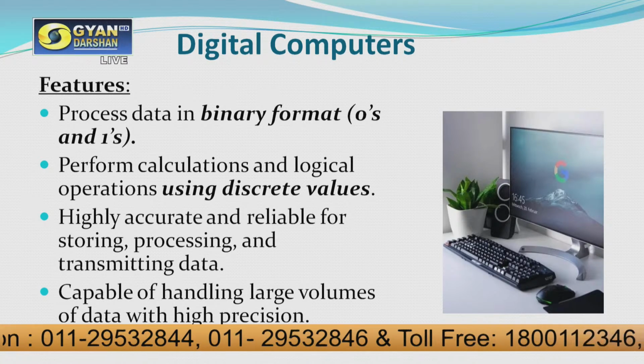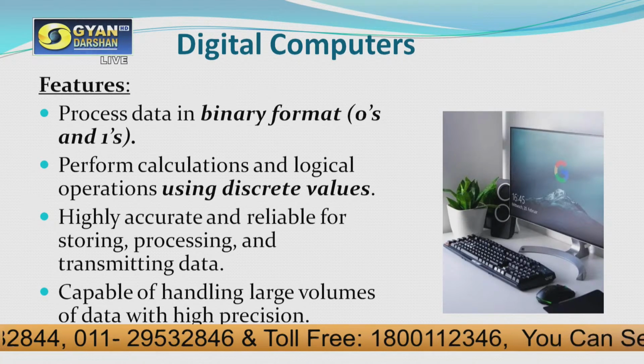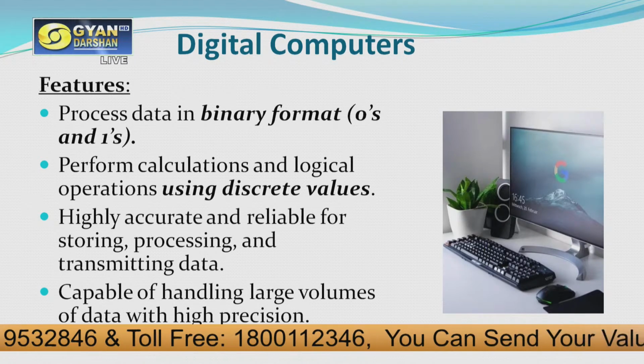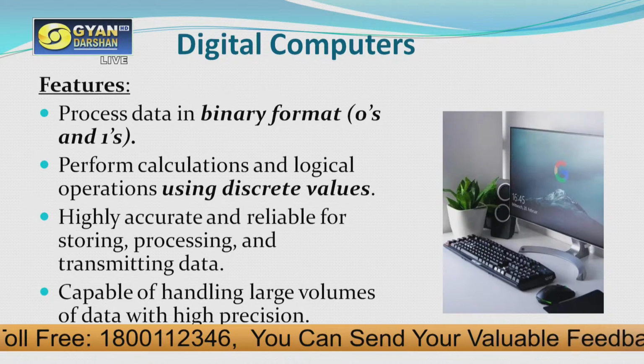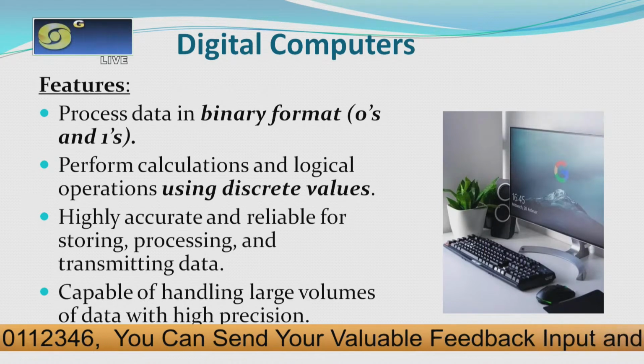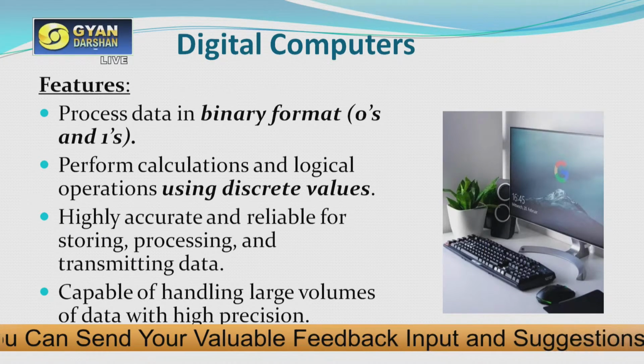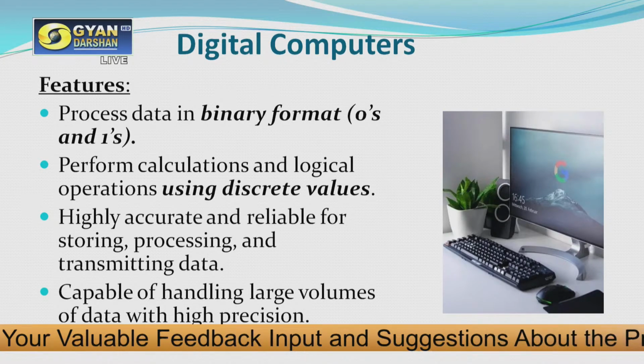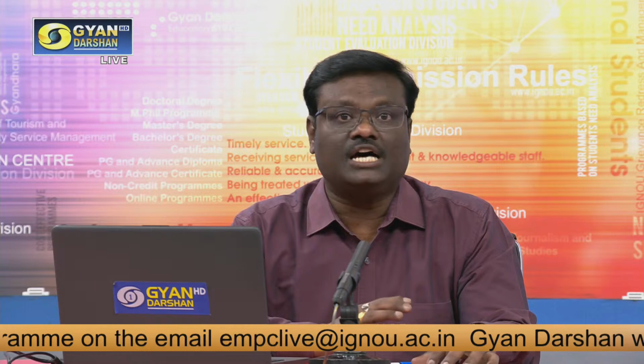Discrete values in the sense 0 or 1. They are highly accurate and reliable for storing, processing, and transmitting data, and very capable of handling large volumes of data with high precision. As it works with discrete values, it gives high precision.